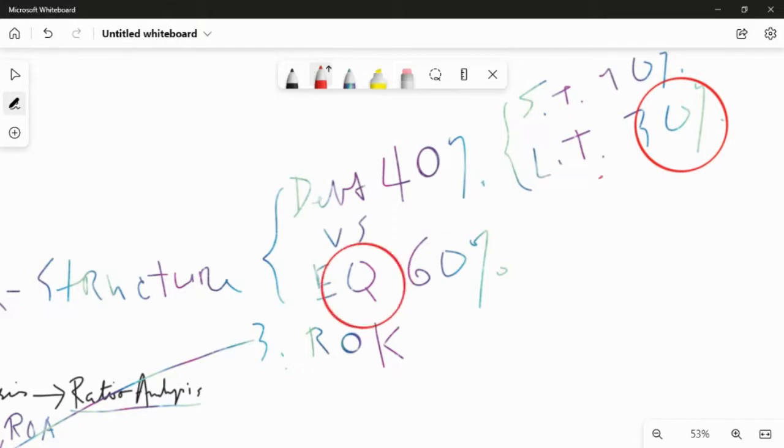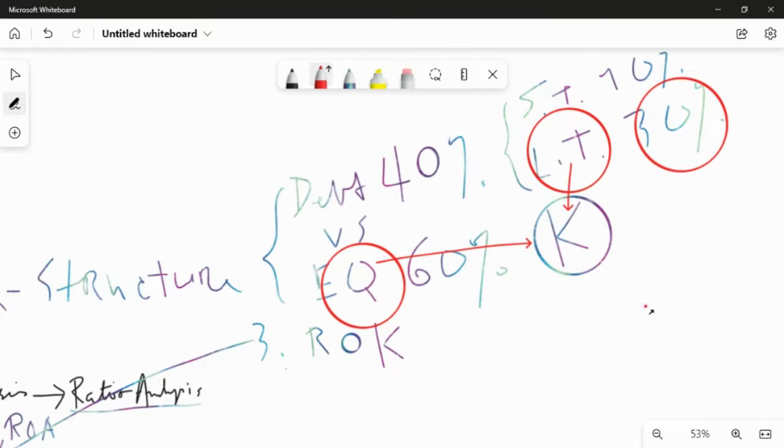Equity and long-term debt are called capital. Equity and long-term debt are capital.